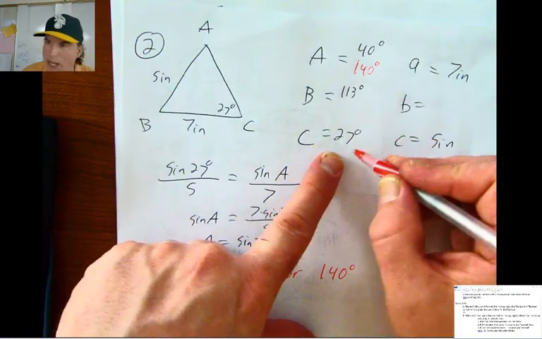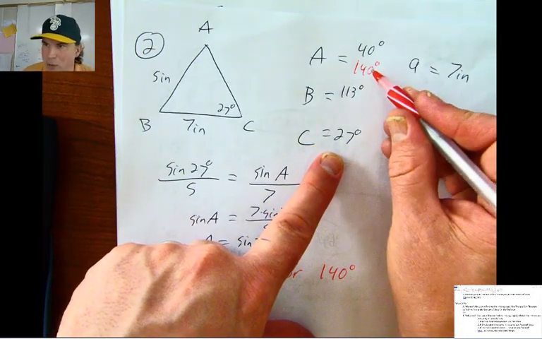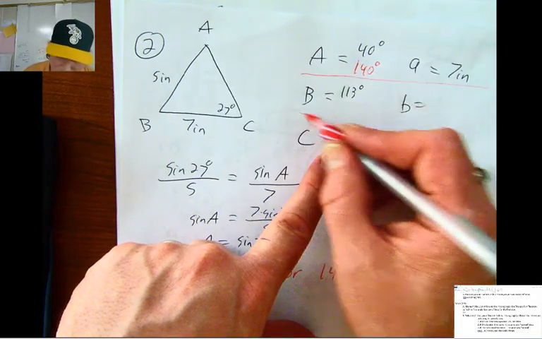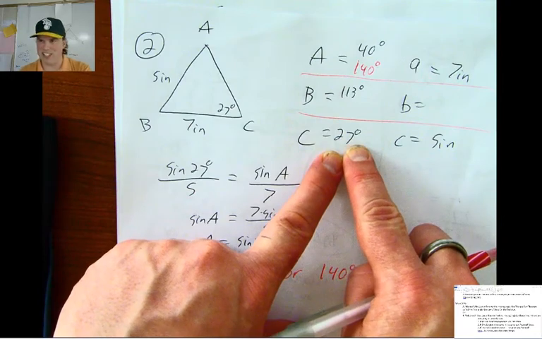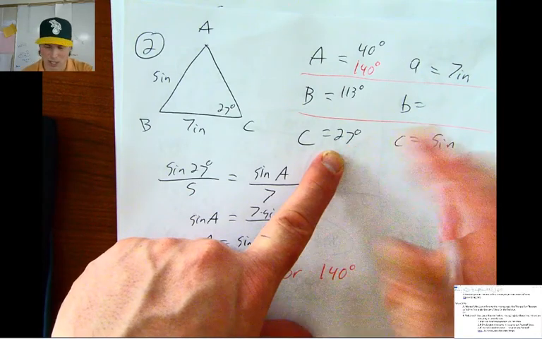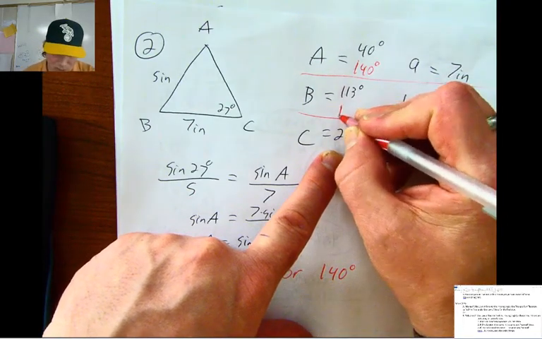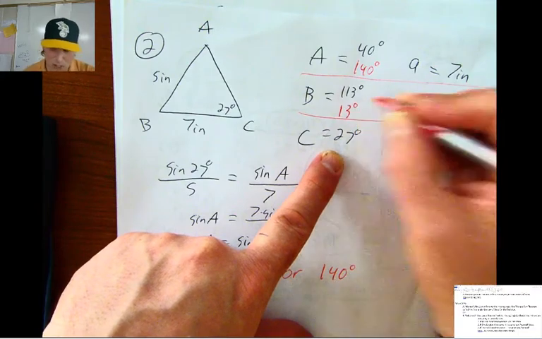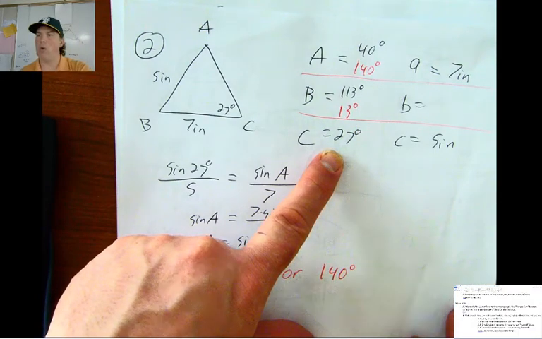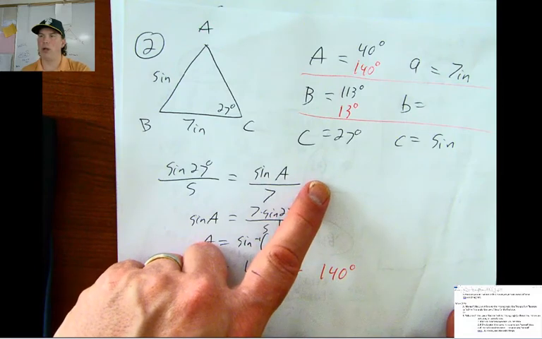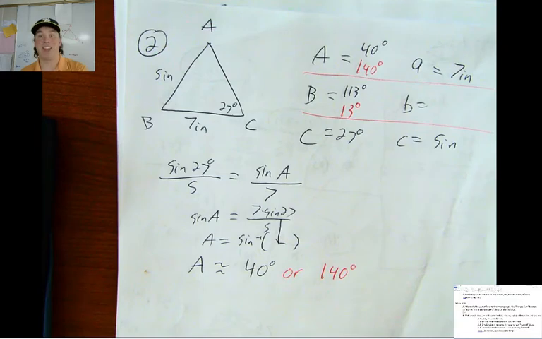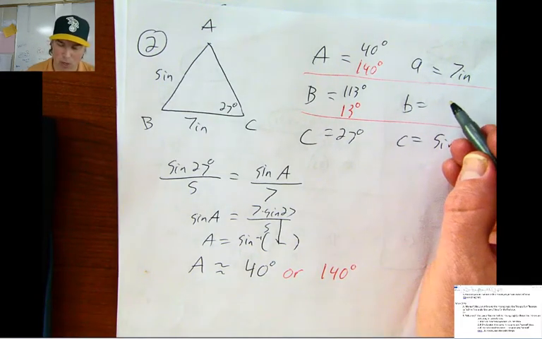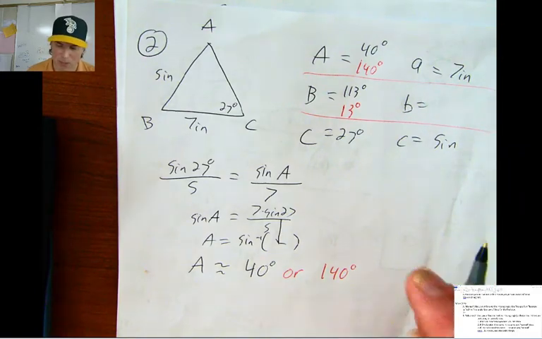Or if one angle's 27 and the other one's 140 degrees, that adds up to 167. 167 subtracted from 180, that's 13 degrees. Whoa. And both work. Both situations work. Amazing. So you kind of have two separate problems here.